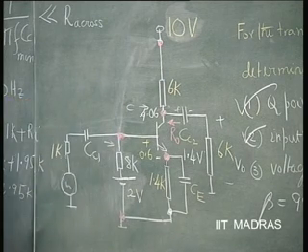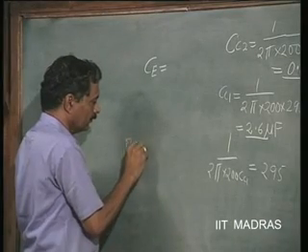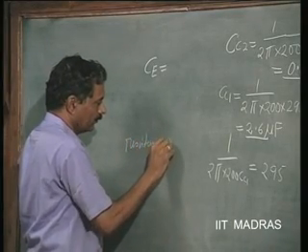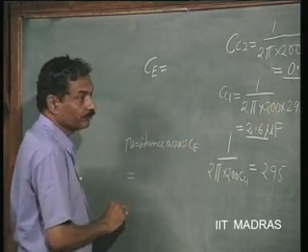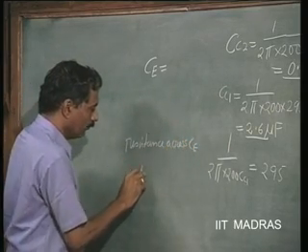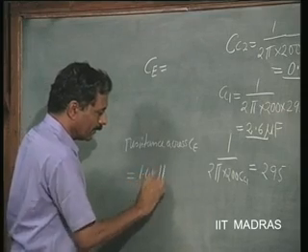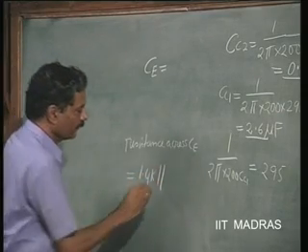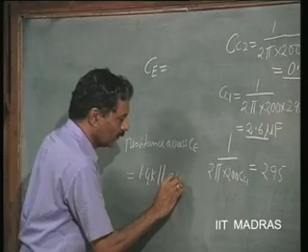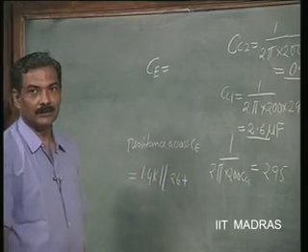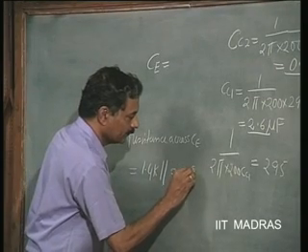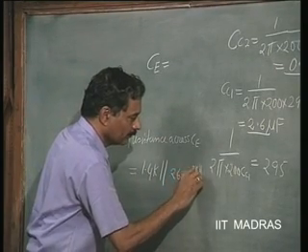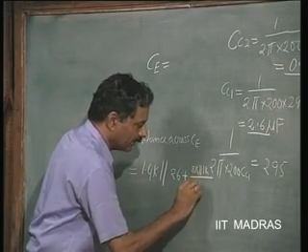So, the resistance across CE is equal to 1.4K parallel 26 ohms plus 8K parallel 1K divided by beta plus 1, that is 100.